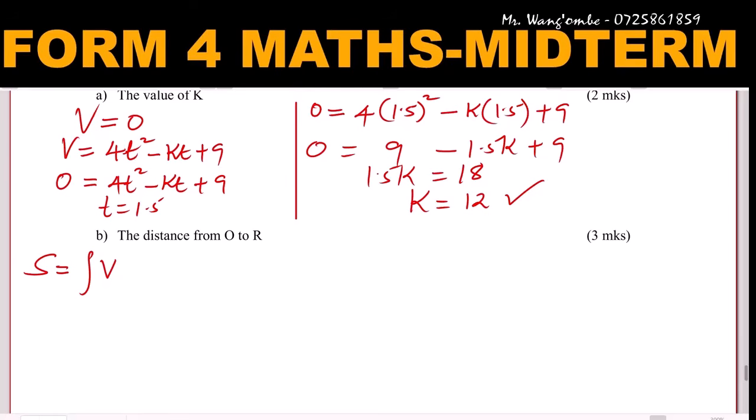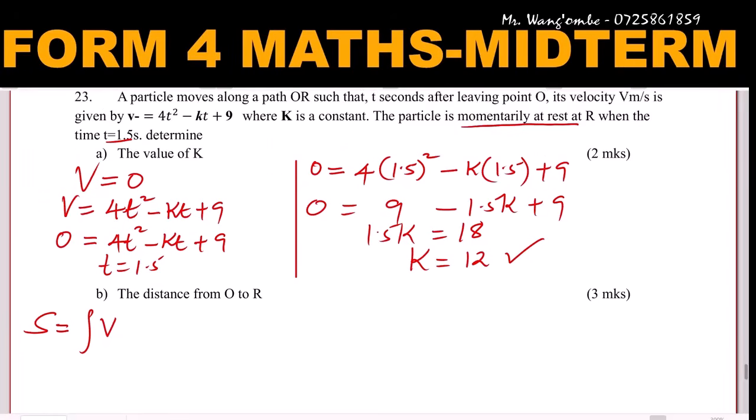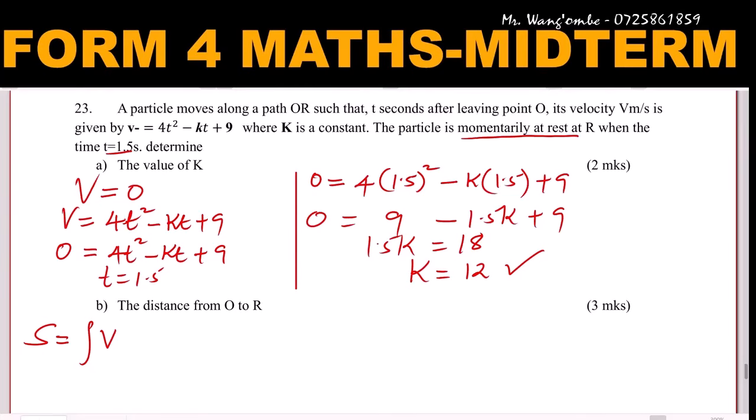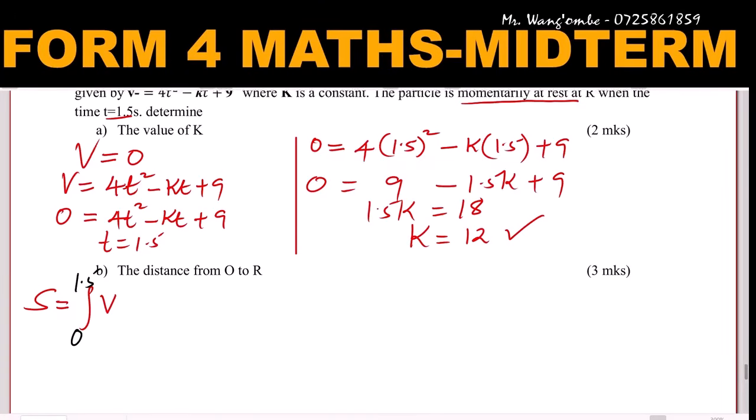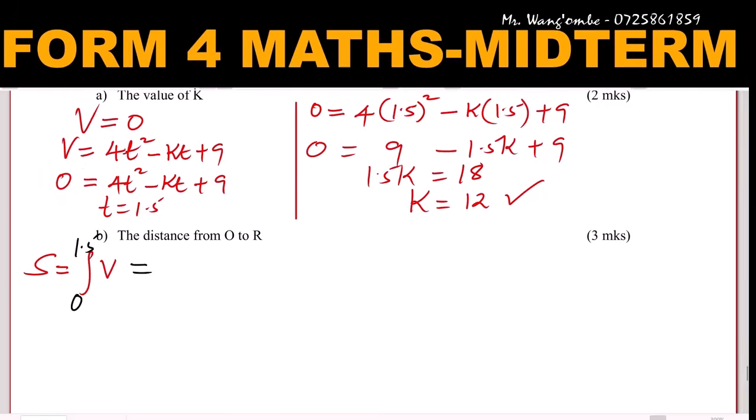Now for the distance from O to R, we're going to use the time taken from O to R, which is 1.5 seconds. It started from 0 seconds to 1.5. So we integrate from 0 to 1.5 of the velocity.